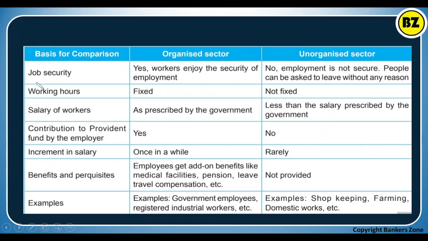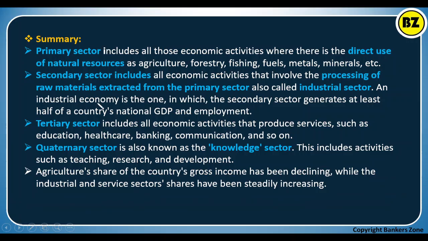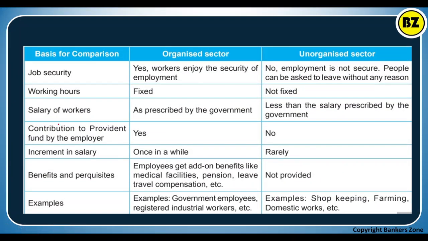Now see, job security. Job security for the organized sector is very high, we can say good, say a bank employee. Now in case of the unorganized sector, there is no job security, employment is not secure, and a person can be asked to leave without any reason, right?